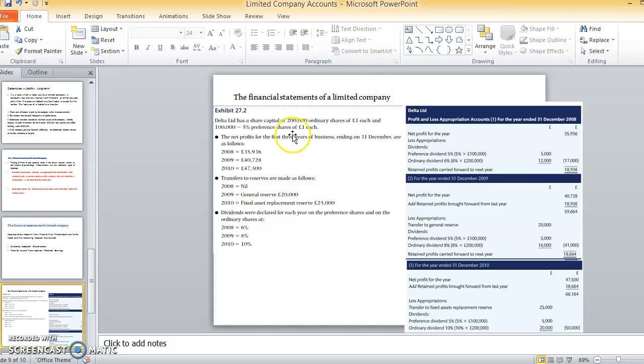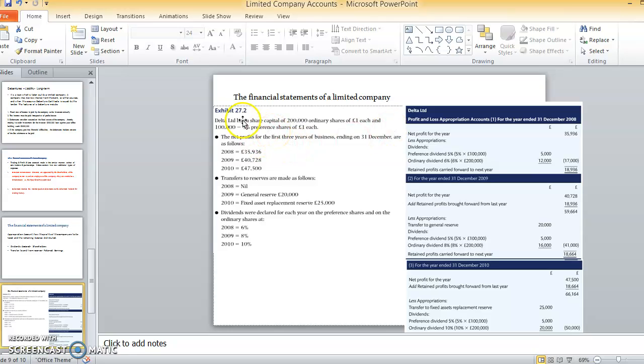So since we're talking about pounds, let's stick to that. So the company has a share capital of 200,000 and one share is worth £1. And they have also issued 100,000 preference shares of £1 each, and with the preference shares there is a 5% figure given here. What does this 5% show?